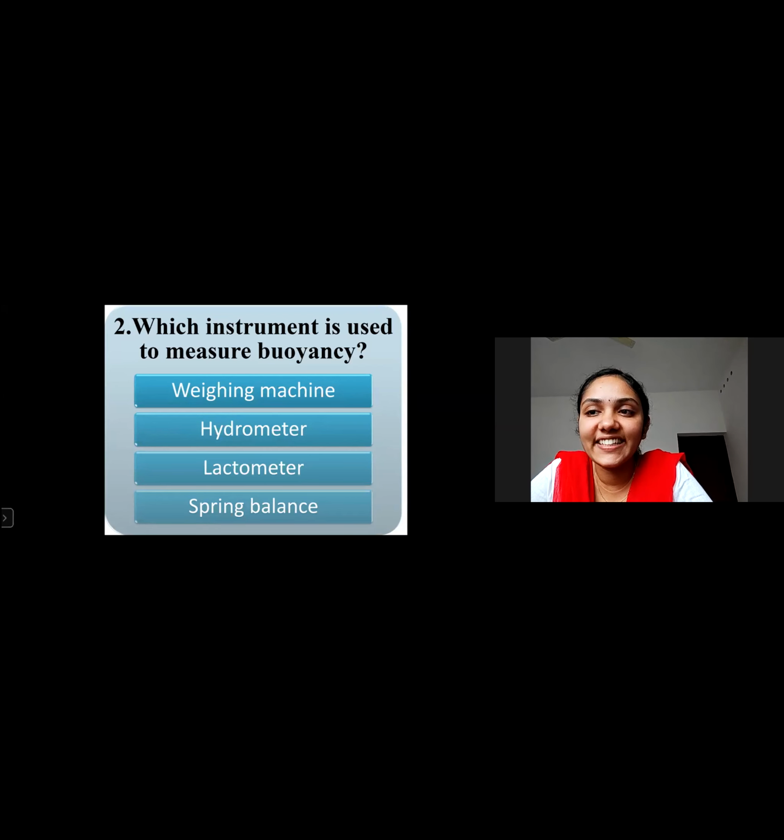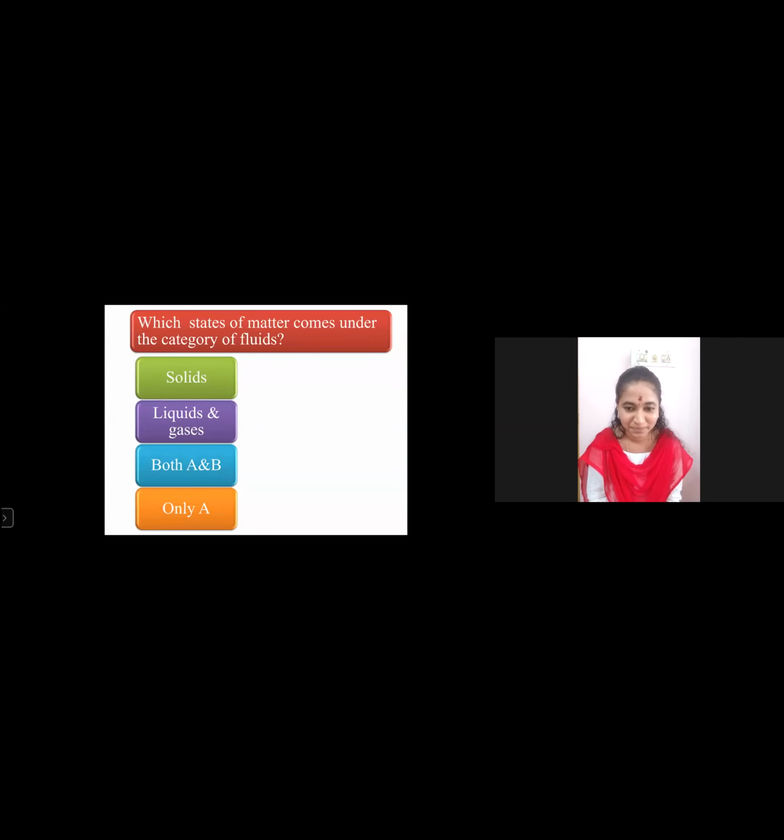So now coming to the third question. Which state of matter comes under the category of fluids? A. Solids. B. Liquids and gases. C. Both A and B. D. Only A. It's surely liquids and gases. Yes, liquids and gases constitute the term fluids.